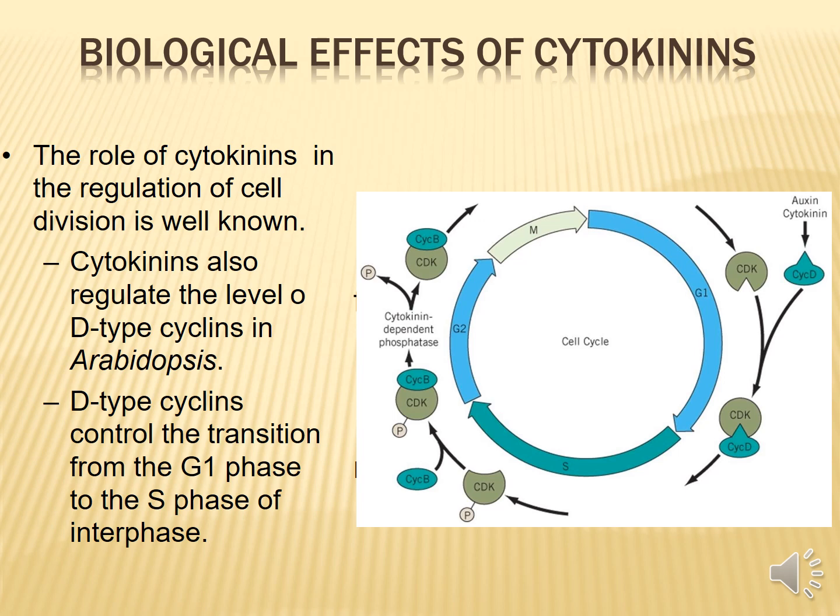Okay, now we go to an example of this function. In a previous study, they stated that the role of the cytokinin in regulating cell division happens in the Arabidopsis plant. In the Arabidopsis plant, this cytokinin regulates the level of the D-type cyclin, CYCD.